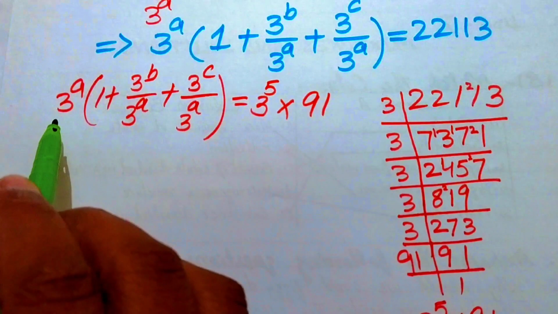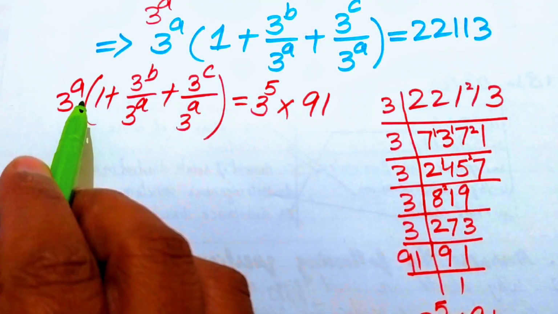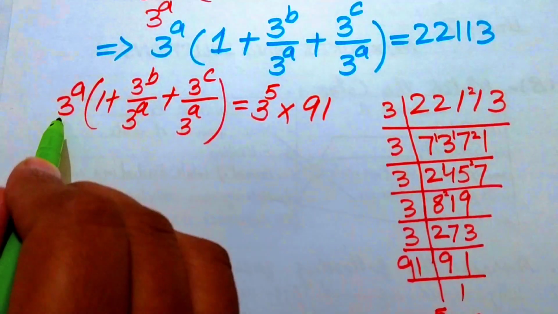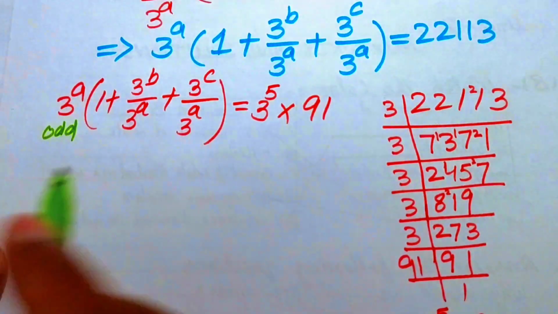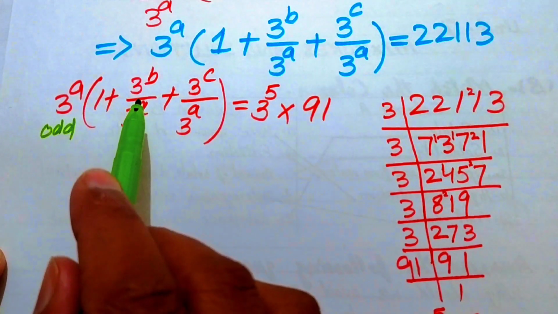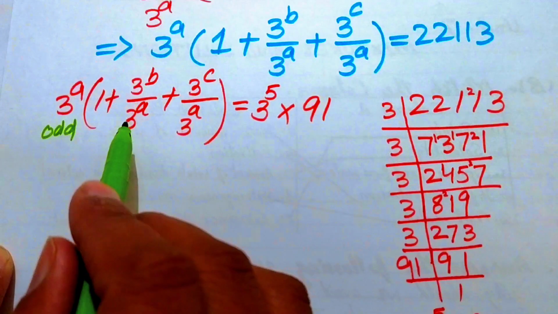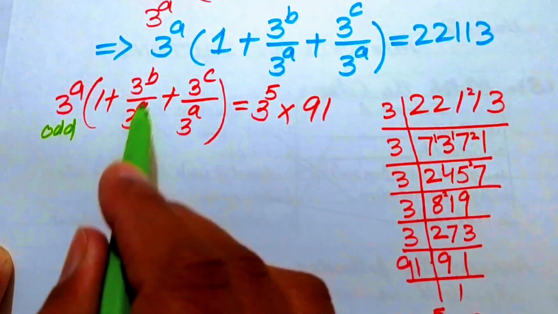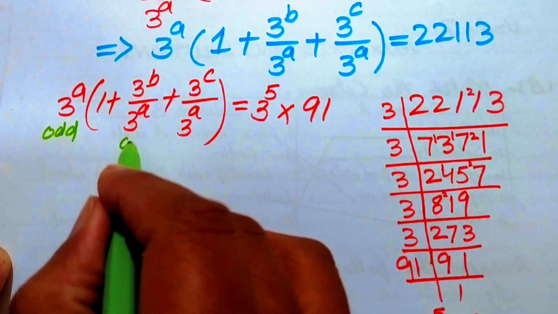You know that 3 is an odd number, and any power of an odd number is also an odd number. So this expression becomes an odd expression. If you focus here, when we divide an odd number by an odd number, you get an odd number.